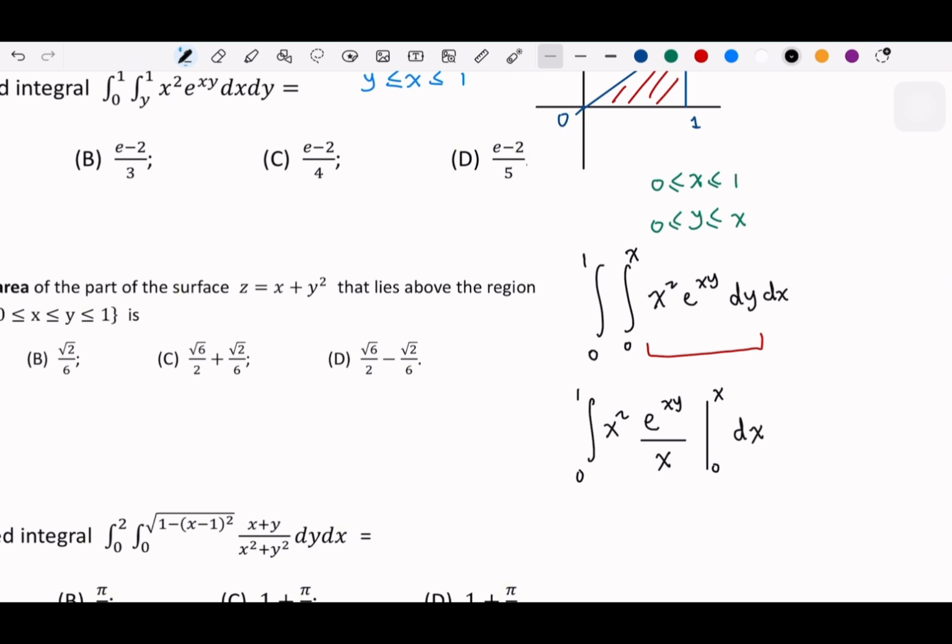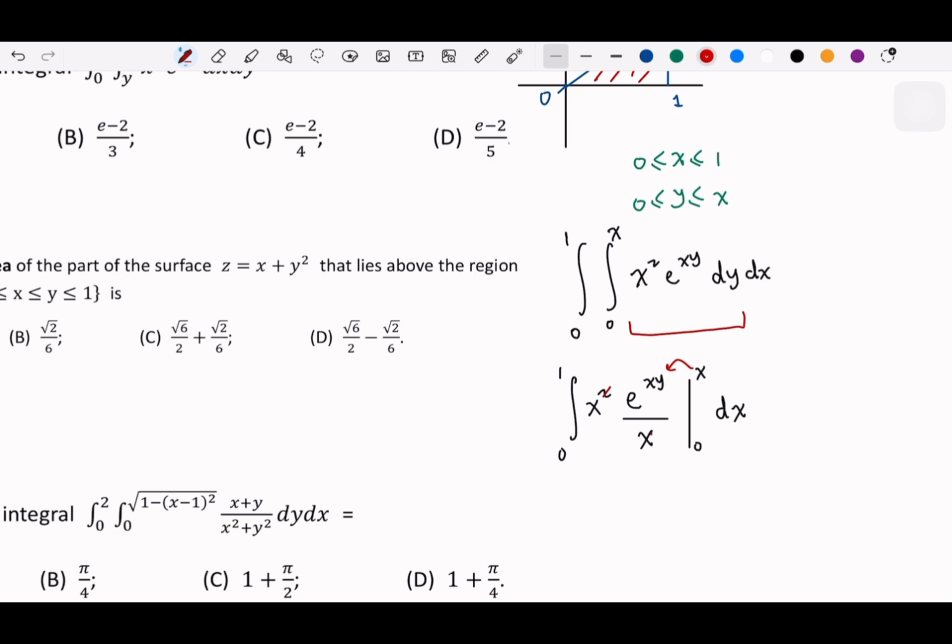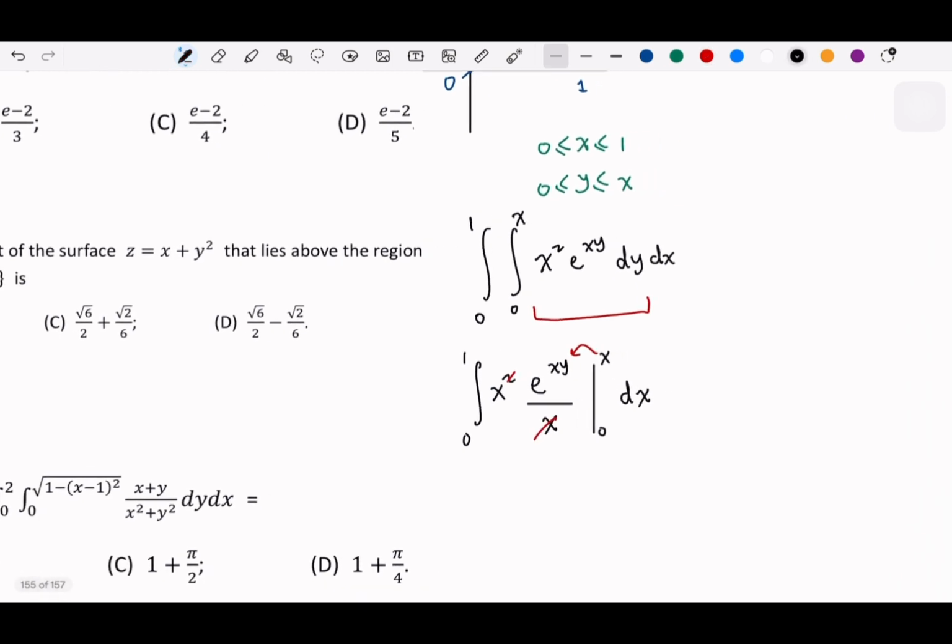And then exchange the x, and then this will be canceling. So we have x e^(x squared), and then we have minus x, right?